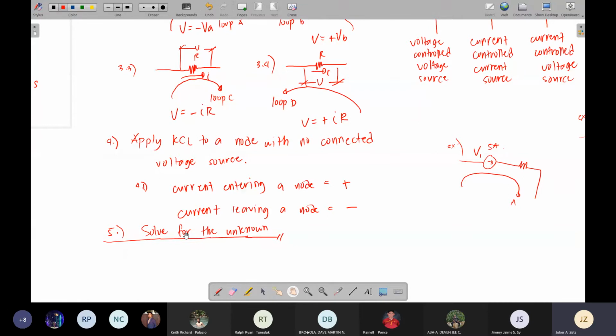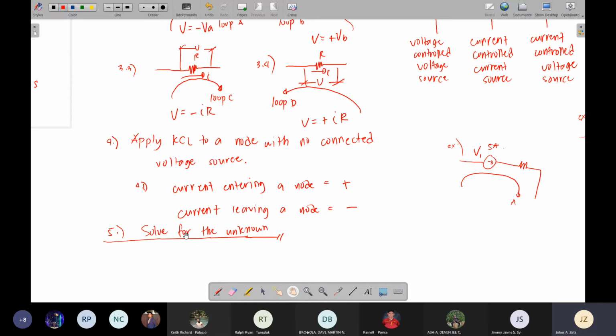Yes, again, take note, you have the exact number of equations to the number of unknowns given. So, kailangan parehas. Okay? Pwede rag mudaghan ang number of equations, pero dili pwede nga mas mudaghan pa ang number of unknown kumpara sa equations.